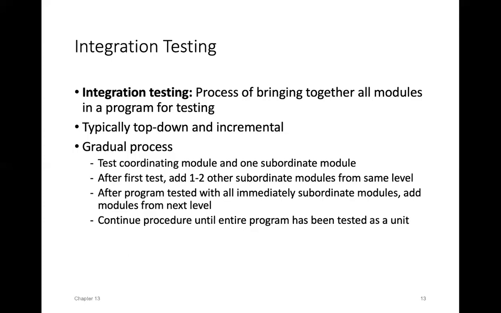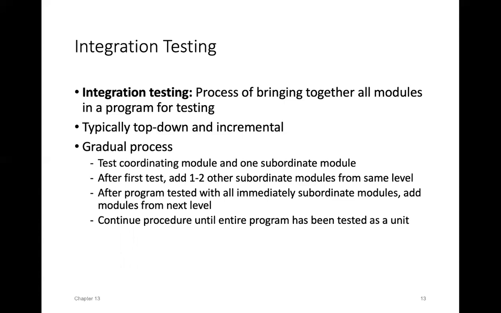Now we're starting to test modules together. So we might have a coordinating module, a main module in the program, and the subordinate modules. After the first iteration, we're going to add more modules on and slowly build up and slowly build up. It will keep on going until the whole program has been tested as a unit.